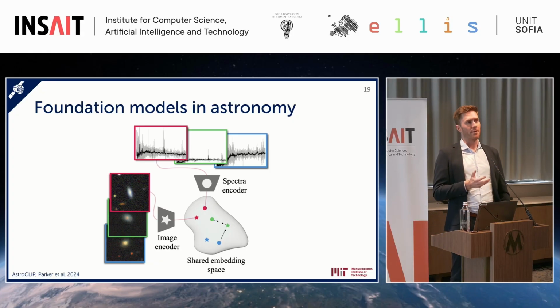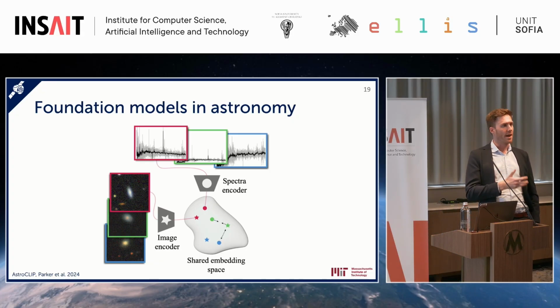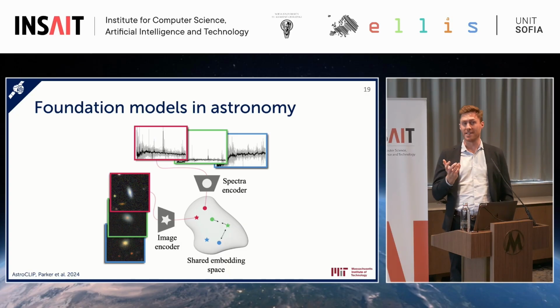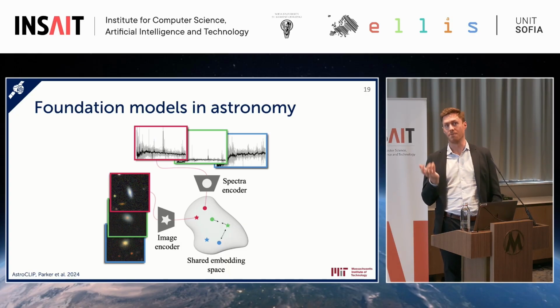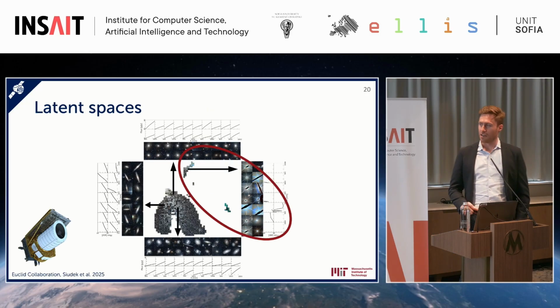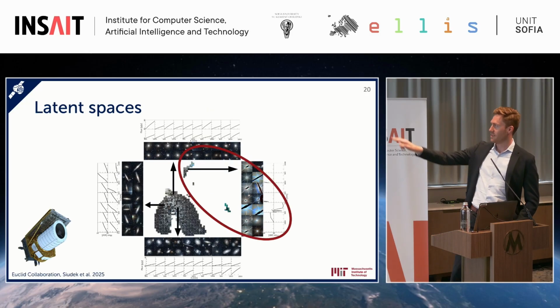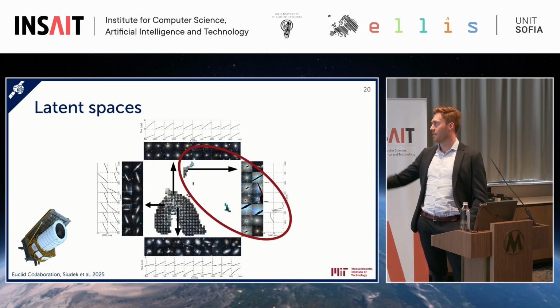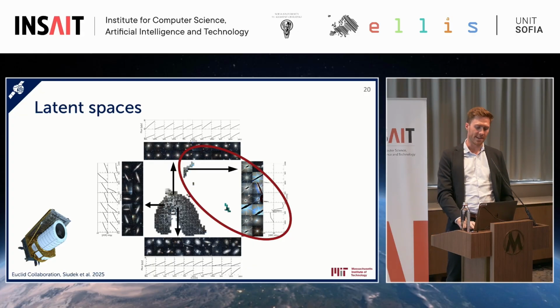But one of the things that we notice if you try to combine the data of multiple satellites, or even within the same satellite but under multiple observing conditions, is that you see some issues popping up. Here you see the Euclid mission, as I'm showing you on the left, and you see what the internal latent space of the model looks like.